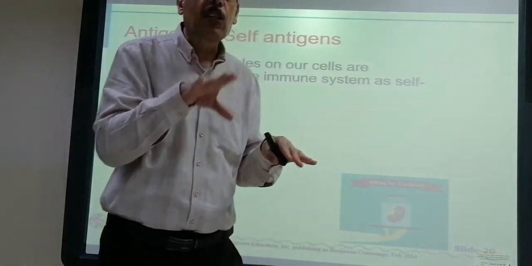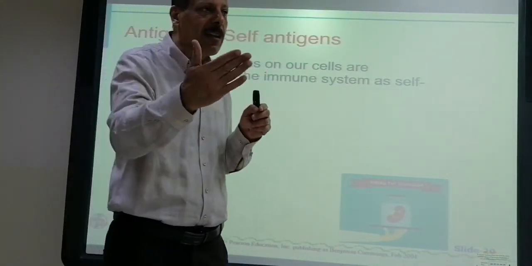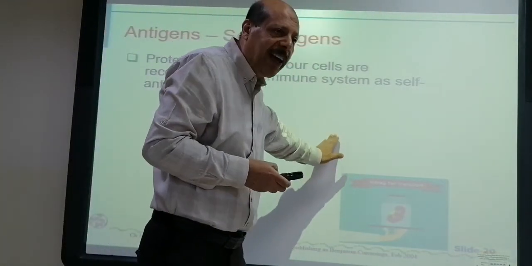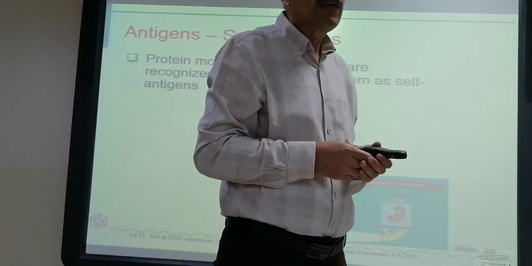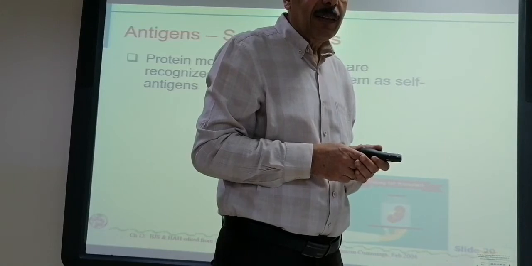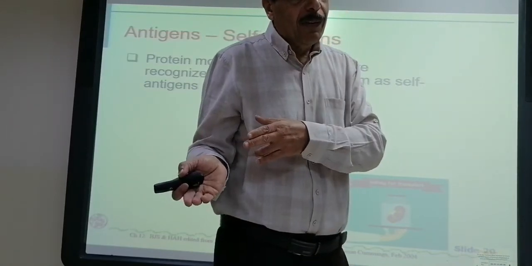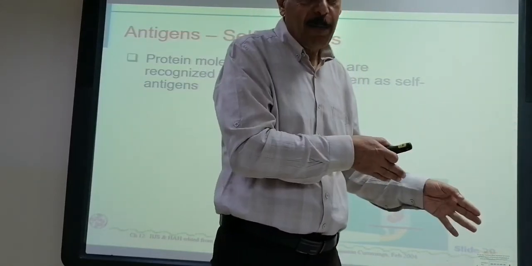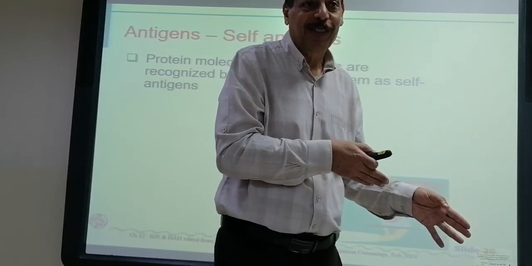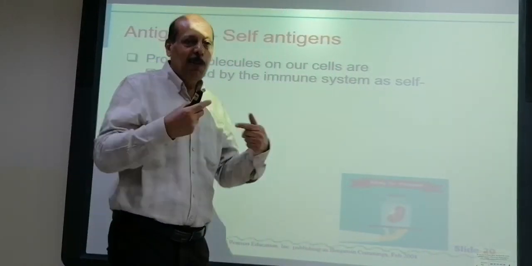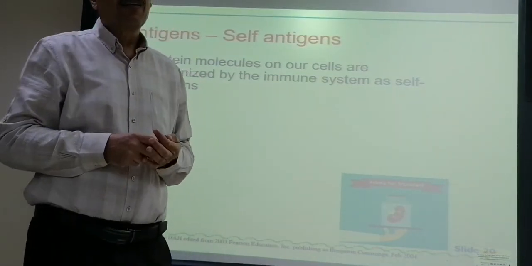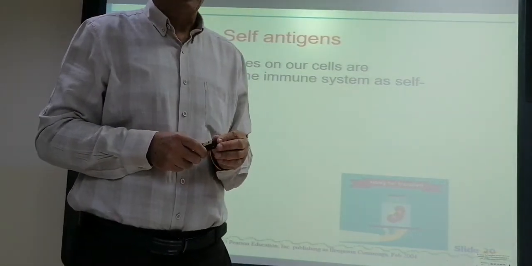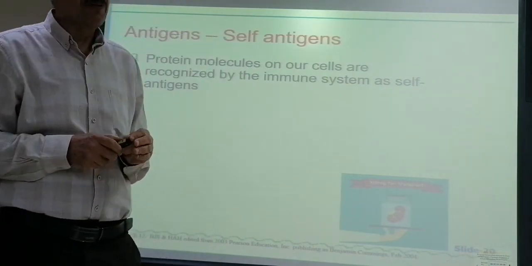Because if the tissue type is highly different, the immune system will react and it might be fatal. Instead of helping the person, we are killing him, because the immune system will start to fight against those grafts or tissues.